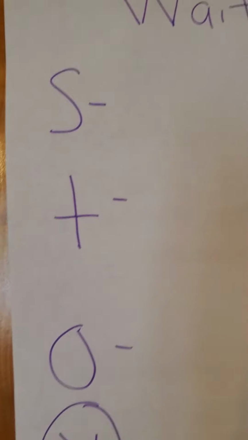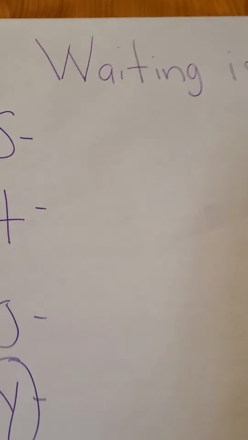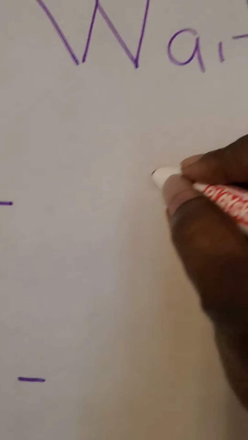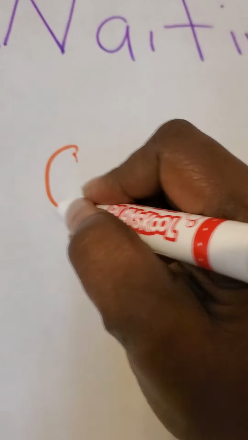They weren't in a house. They weren't at the park. They were just outside. So the setting for Waiting Is Not Easy is outside. So I'm going to write outside. The setting was outside.